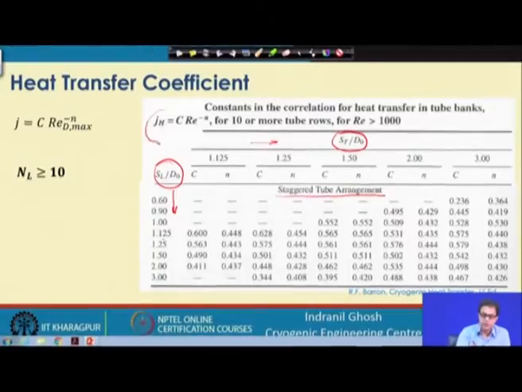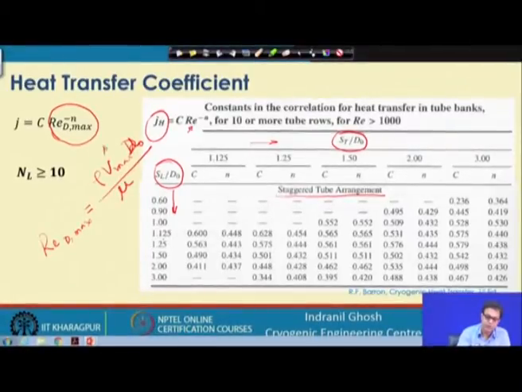This is the Coleman J factor related to the Reynolds number, which is based on Re_d max, where we have already learned that it is related to the maximum velocity: rho V max into d_0 divided by mu, and we have already learned how to calculate the V max. So, this is the correlation given for the tube banks where the tubes are arranged in the staggered condition.